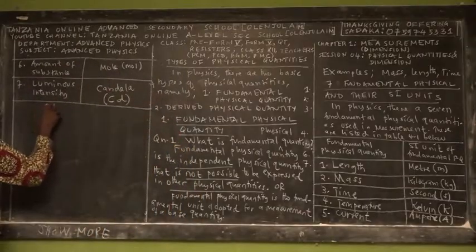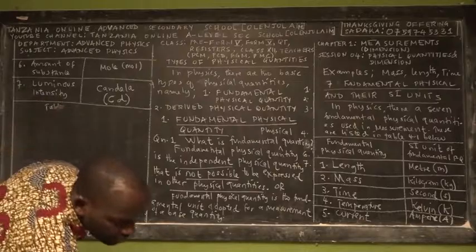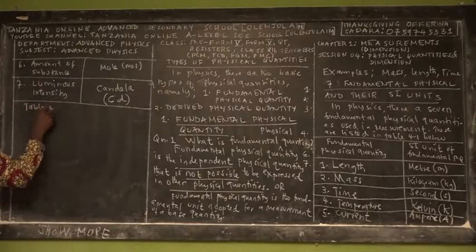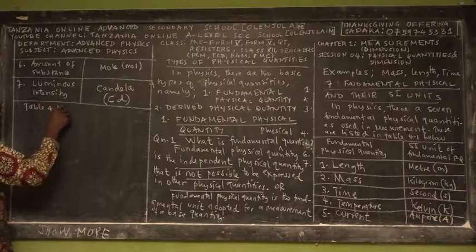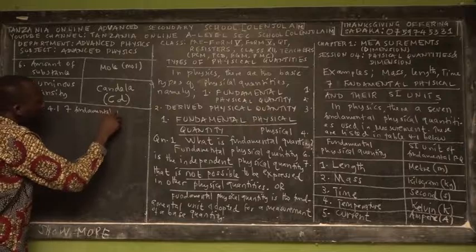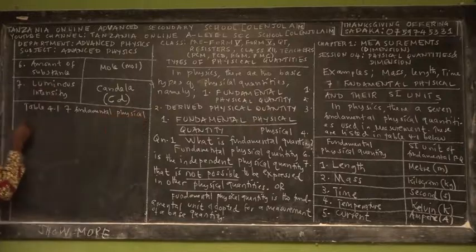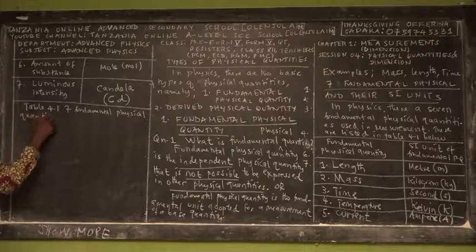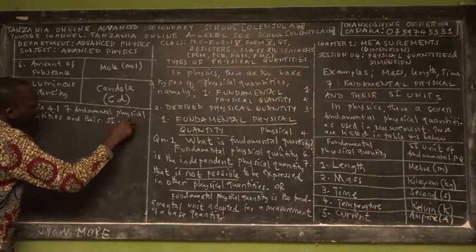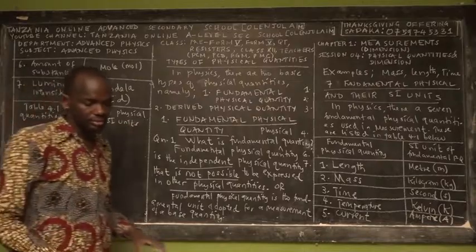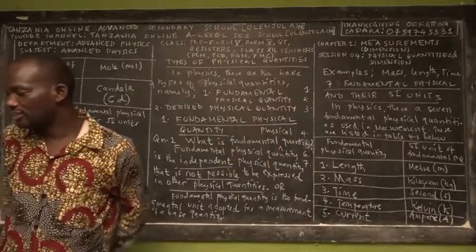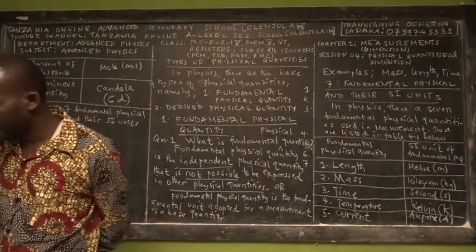This is called Table 4.1: The 7 fundamental physical quantities and their SI units. So that is all about the 7 fundamental physical quantities and their SI units.